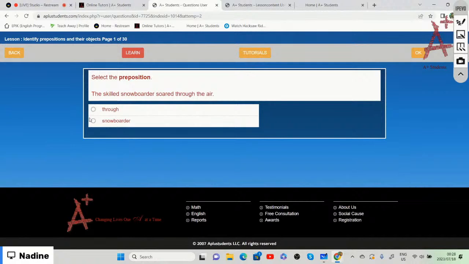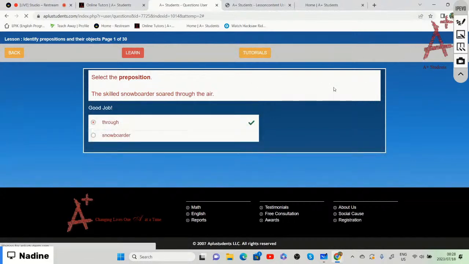All right, so if we were to select our preposition, then we will say through is our preposition, which connects our object, which is air, to the rest of the sentence. So if you have that, then well done.